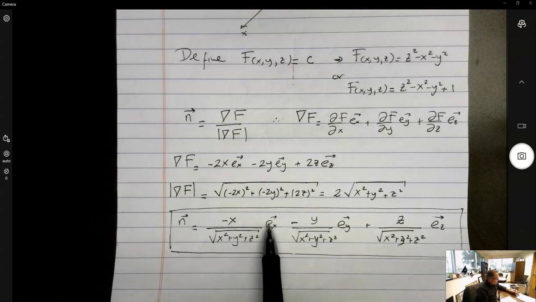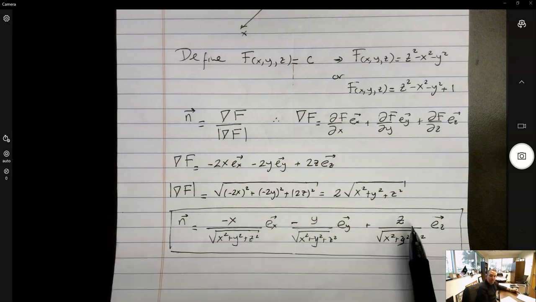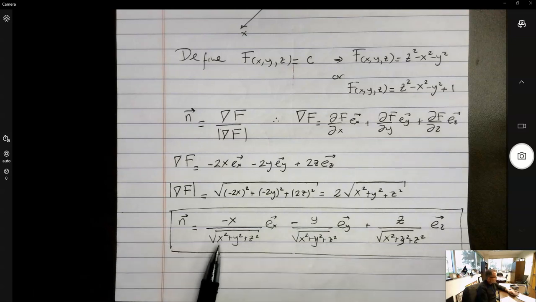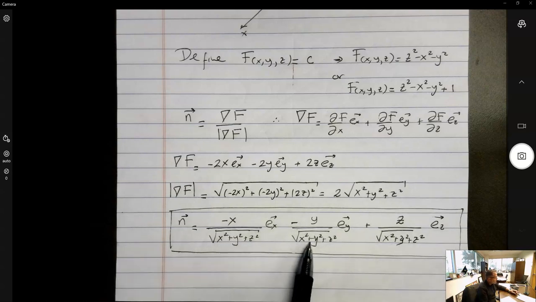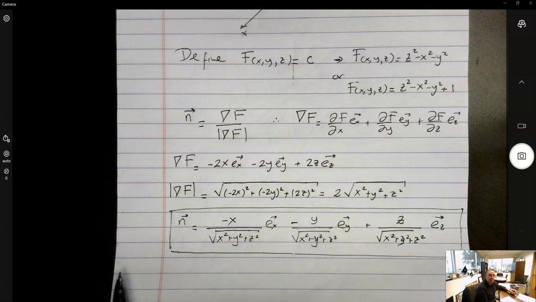You can figure out that this expression is also a vector that at any point will be unit in length, because if you square these, add them, and take the square root, you get exactly 1.